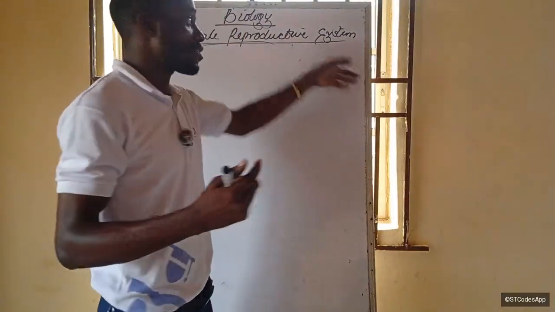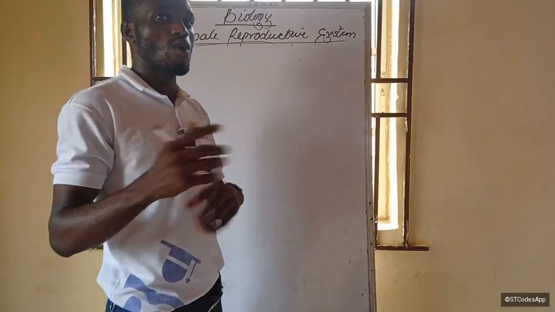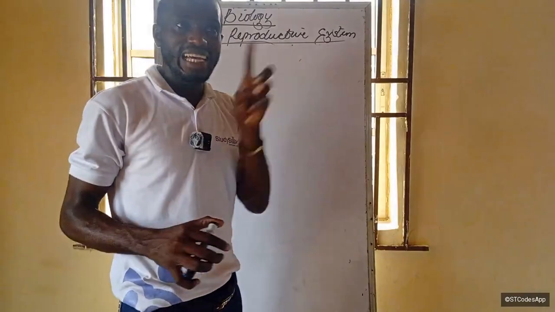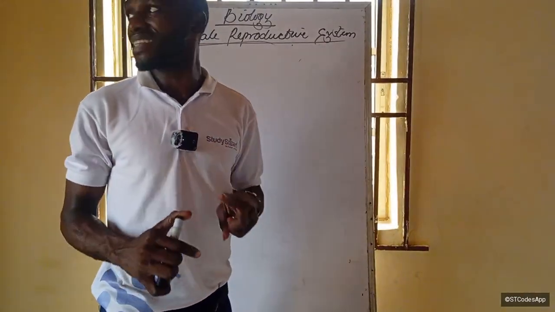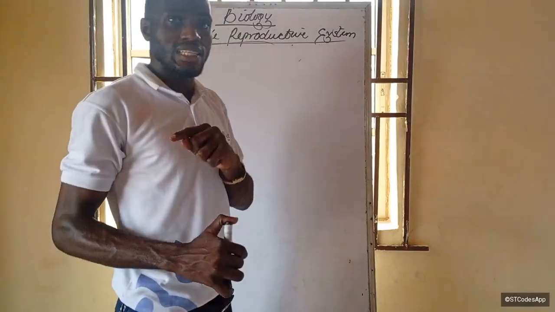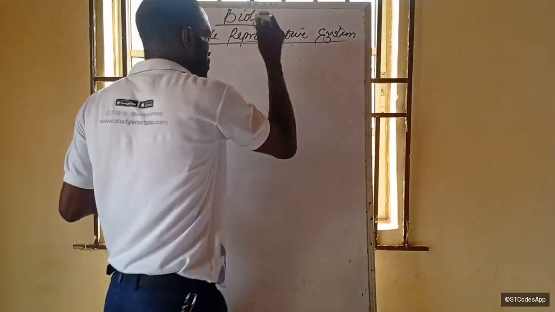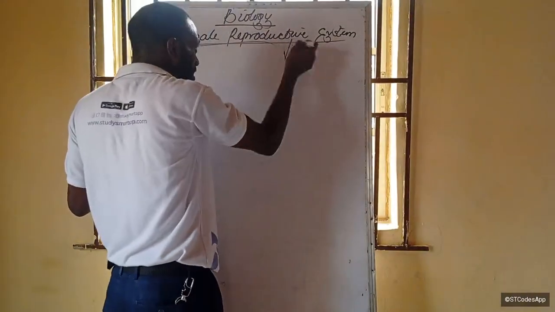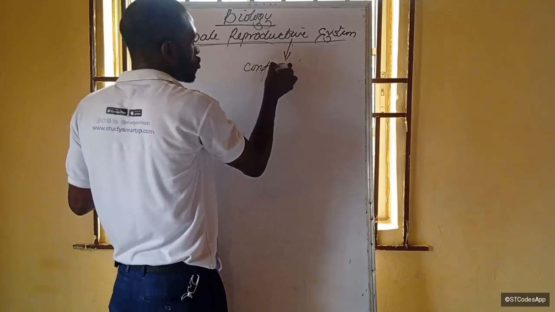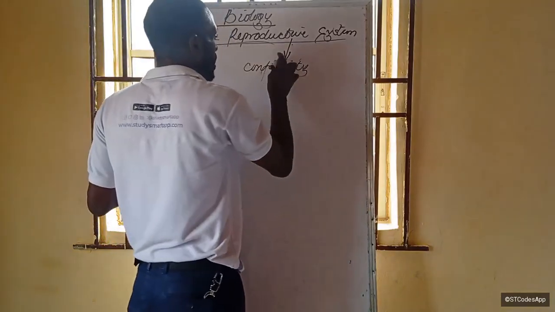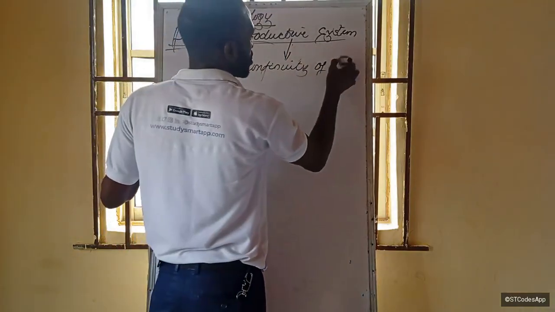Now, one thing you should know about the reproductive system is that it is the one system in your body that is not exactly concerned about your own existence or your survival. It is especially concerned about the continuity of life. Remember that the reproductive system is not concerned about your own survival or your own existence, but about the continuity of life.